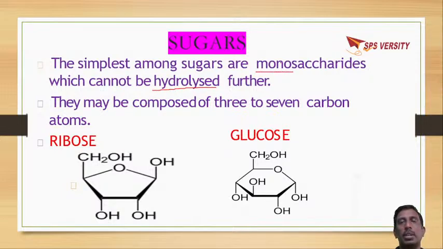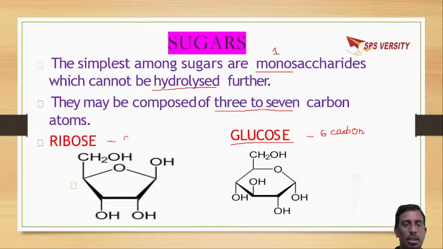monosaccharides. Mono means only one sugar unit. Okay. In monosaccharides, the carbon atoms can vary from 3 to 7. They may be composed of 3 to 7 carbon atoms. For example, glucose, इसमें 6 carbons रहता. So glucose is a monosaccharide, इसमें 6 carbons रहता.